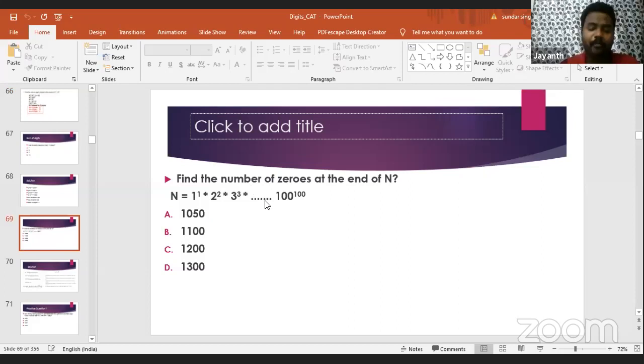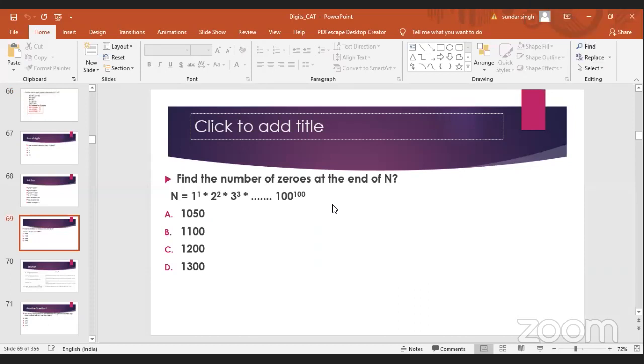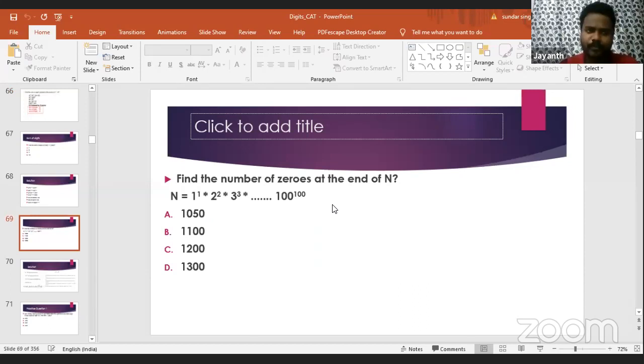This is one of the previous year CAT questions. Whenever you go for company specific training or corporate level aptitude tests, they won't ask this level of questions.